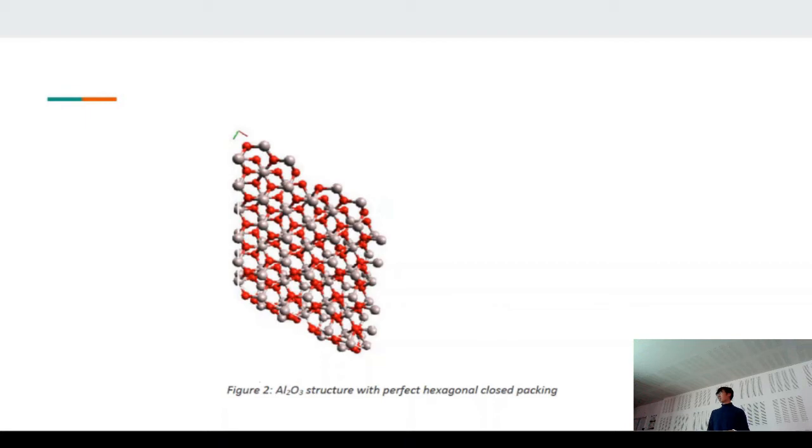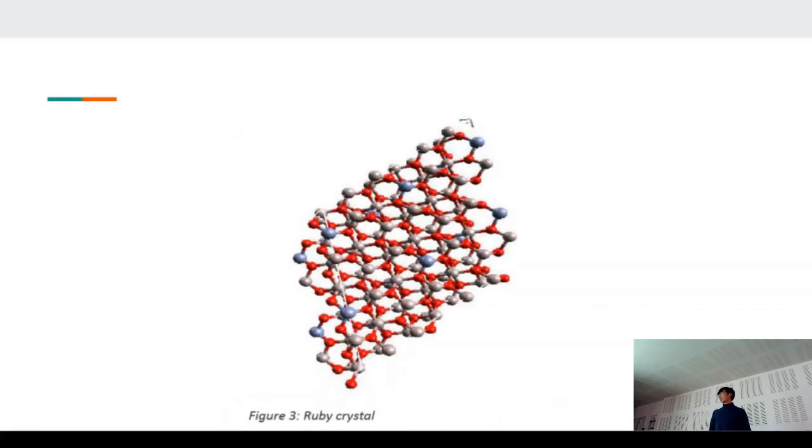In the literature we read, it is mentioned that the structure is not perfectly hexagonal close packing because the oxygen atoms distort the structure a little bit, but we ignore that. And you can see the added chromiums here and there.